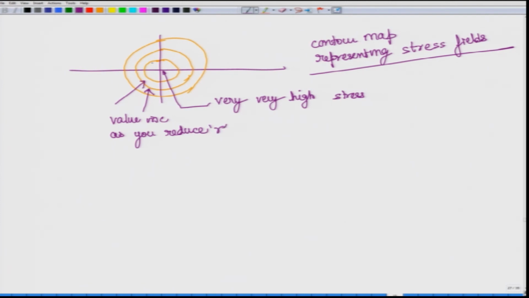So, at a certain point you would realize that the strains or the stresses have become so large. So, let us say somewhere around this, at this 2r, let us call it the critical value.